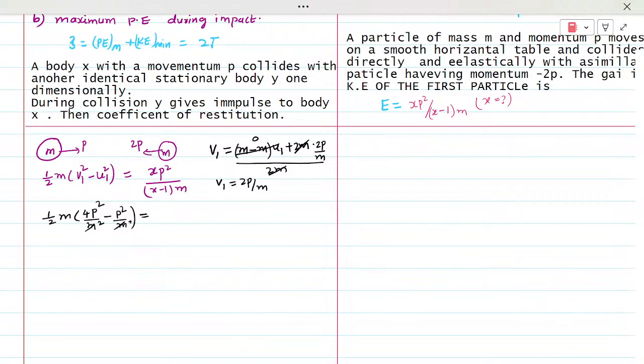Here m square, so m gets cancelled and m remains. Therefore 3p square by 2m. This is the answer. According to the given condition, x by (x minus 1) is 3 by 2, so x is equal to 3. Correct answer.